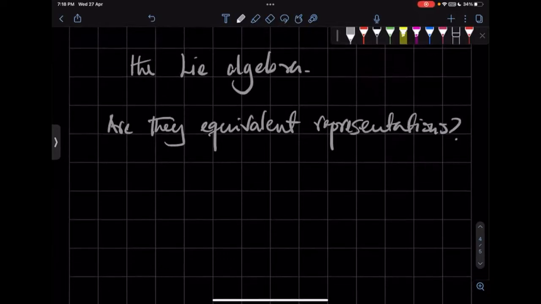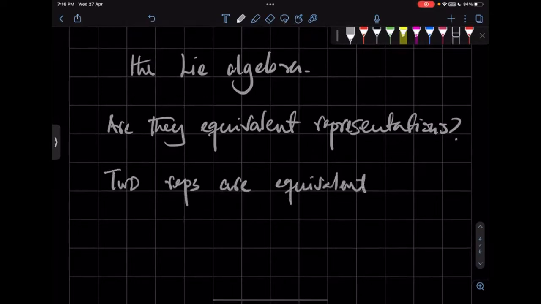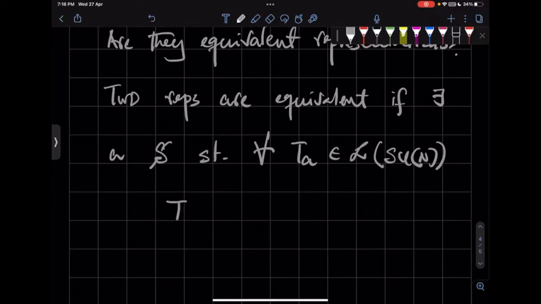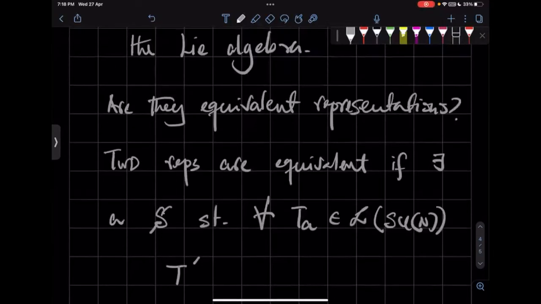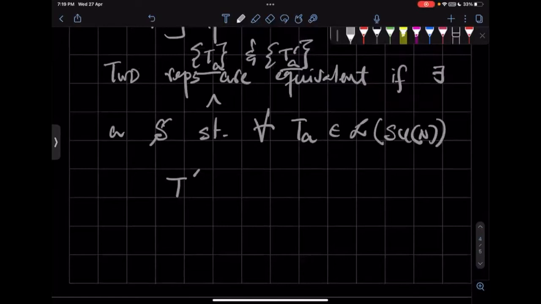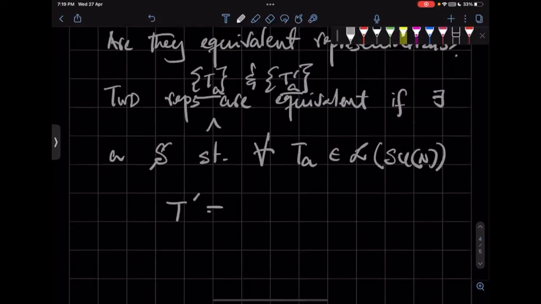Now, two representations are considered equivalent if there exists a matrix S such that for all the generators of the Lie algebra of, say, SUN, let's say two representations, T and T prime, are equivalent if for all T's, there is a matrix S such that there's a similarity transformation between them.